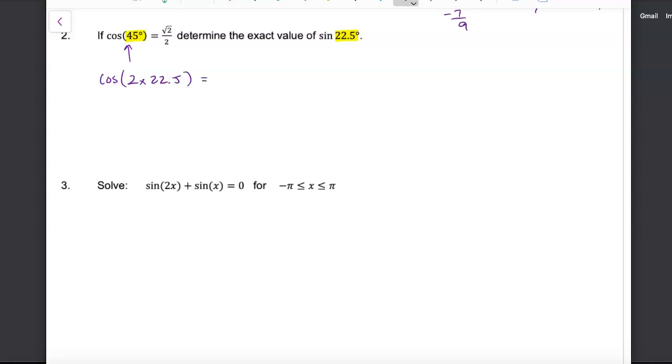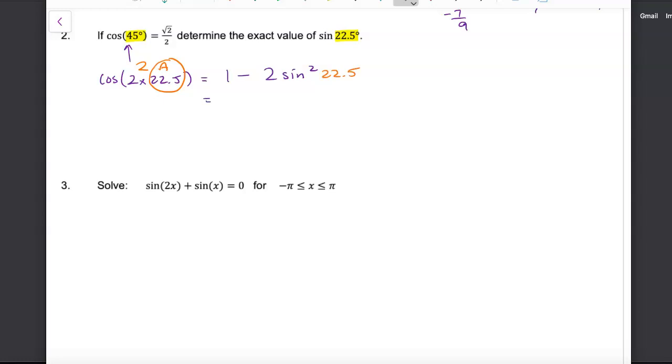Now I've got sine involved, so I'm going to use the angle identity of 1 minus 2 sine squared of the angle. So if this is worth 2 lots of the angle and A is 22.5, then I've got 22.5 over here.